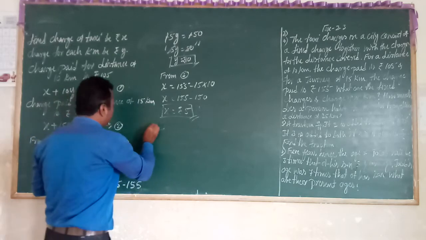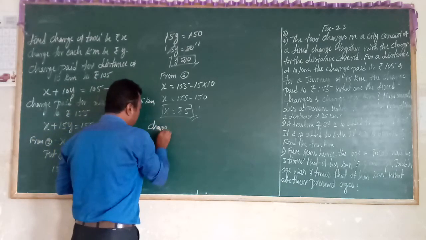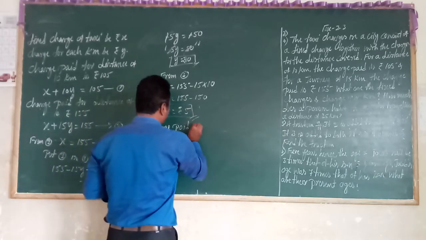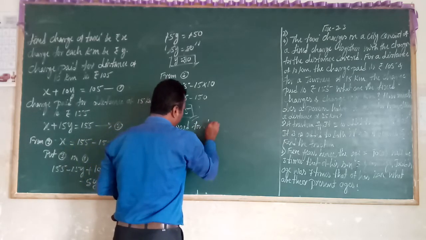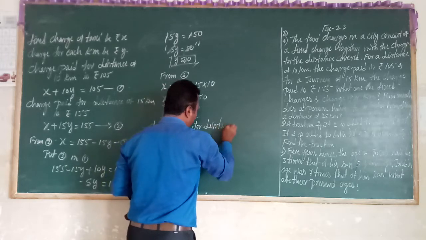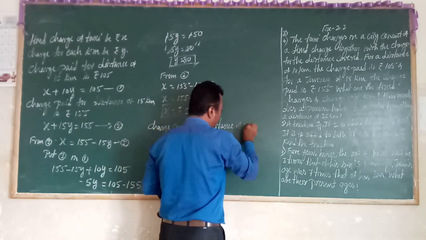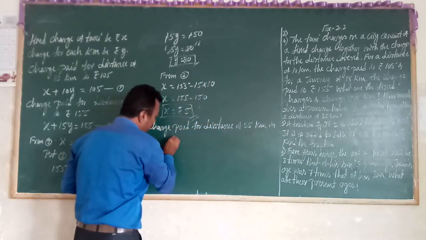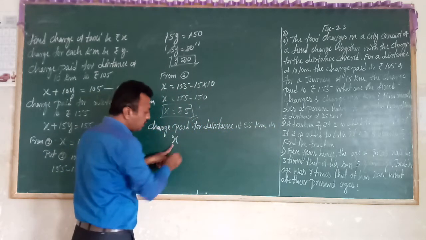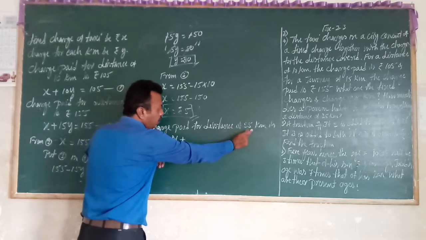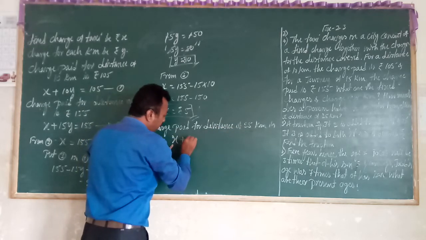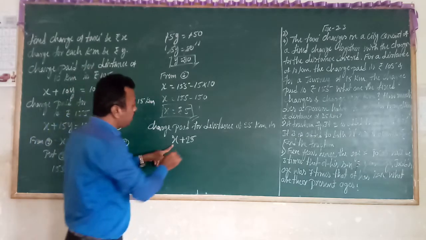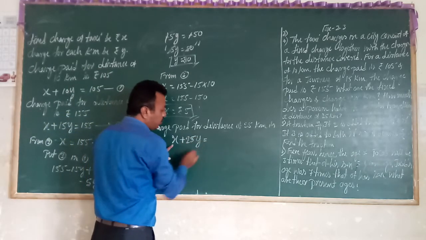The charge paid for a distance of 25 kilometers is how much, we don't know. Therefore, x is the fixed charge plus how many kilometers of distance traveled? 25 kilometers. How much money does he pay for each kilometer? That becomes y. It is equal to.